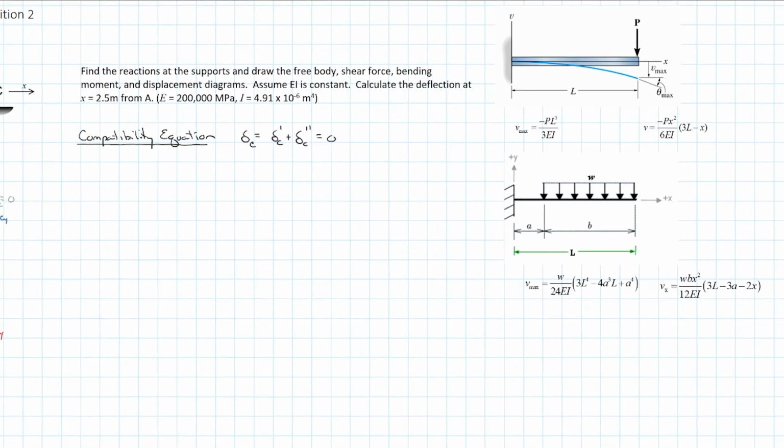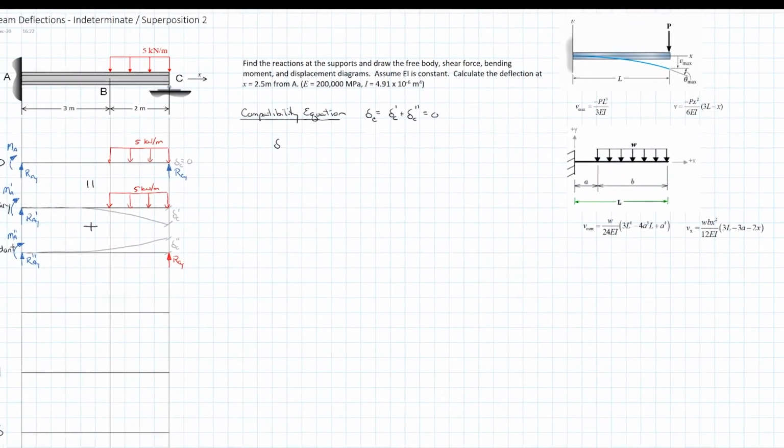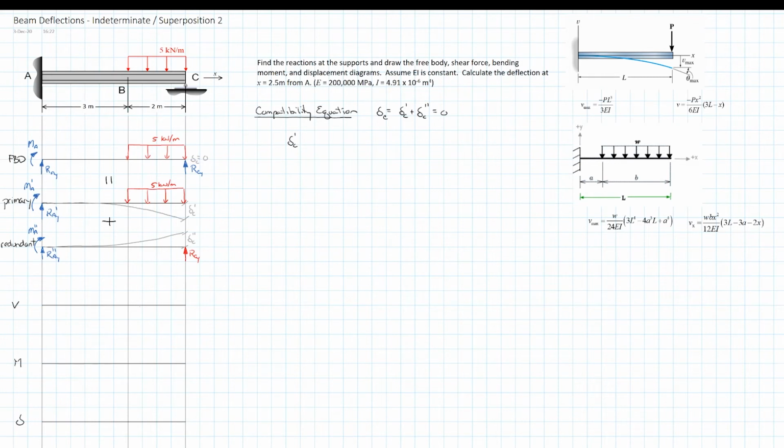So I'm just going to identify then from the beam tables, we know that the displacement at C prime is a resultant of the partial uniformly distributed load. So that means we're going to be using this equation in here.